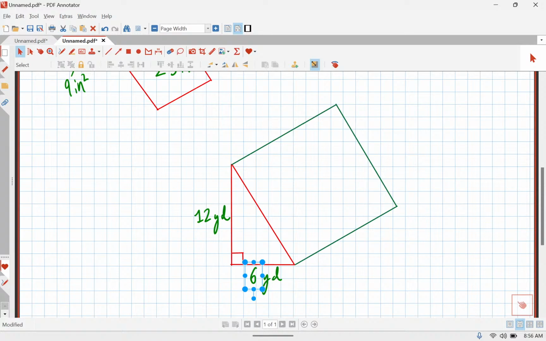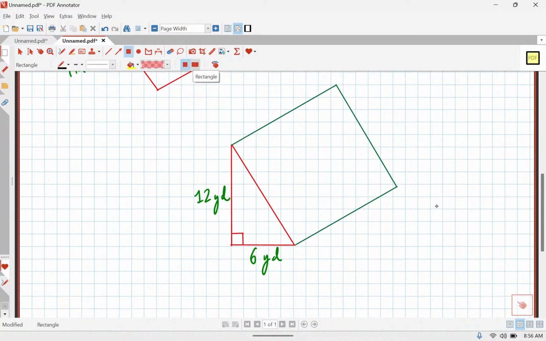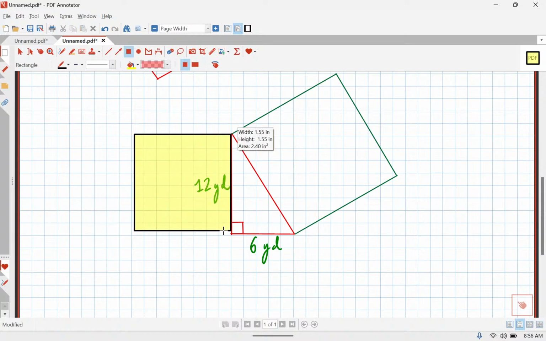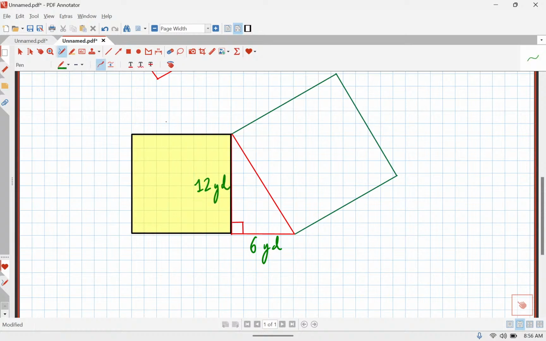All right, y'all. Can I get you back up here in 5, 4, 3, 2, 1? All right. Akora, what'd you do with these numbers here? Yeah, 12 times 12 gives you the area of this square, which is 144 yards squared.